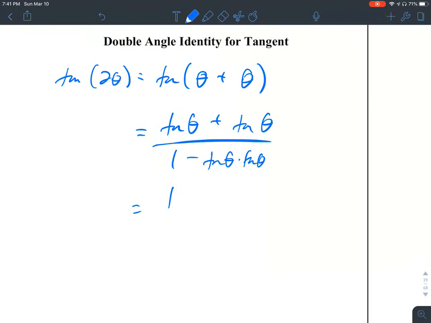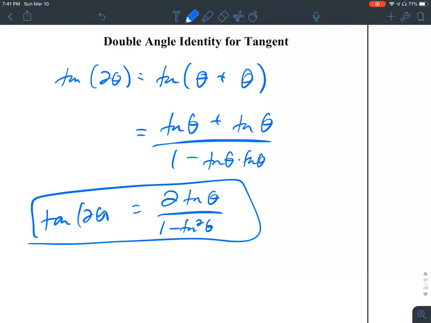Well, that's going to give us, in the numerator, 2 tangent of the angle divided by 1 minus tangent squared of the angle. So this is the double angle identity for tangent. Needs to be memorized. This right here, to be clear, is a minus.